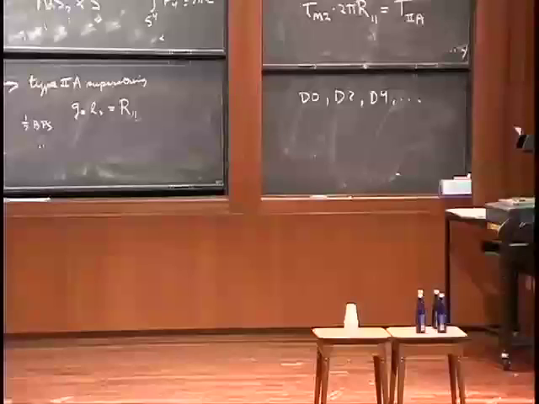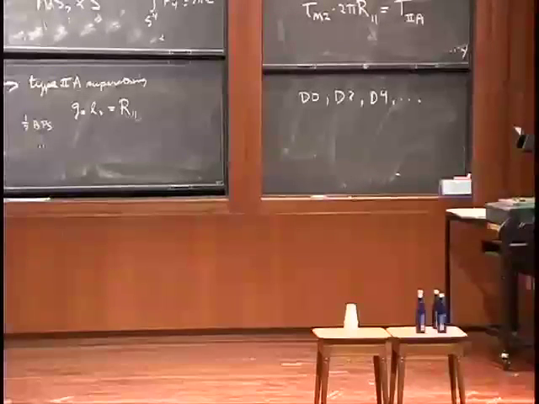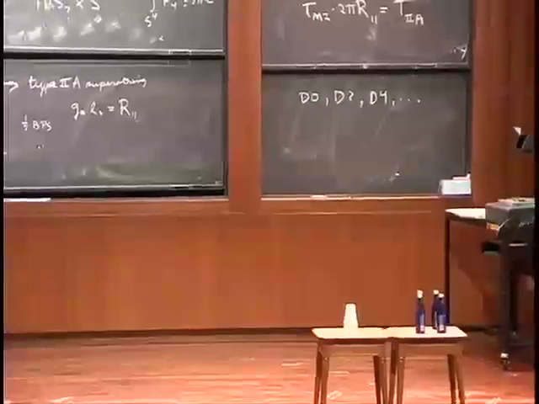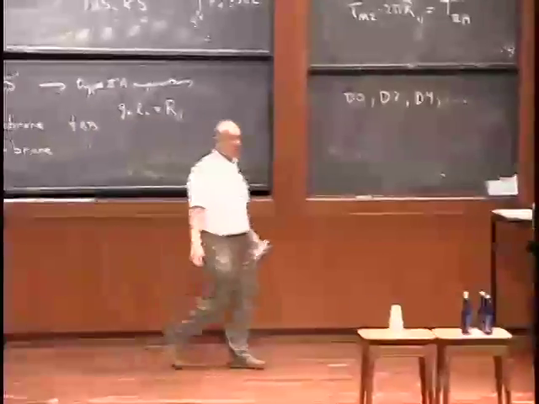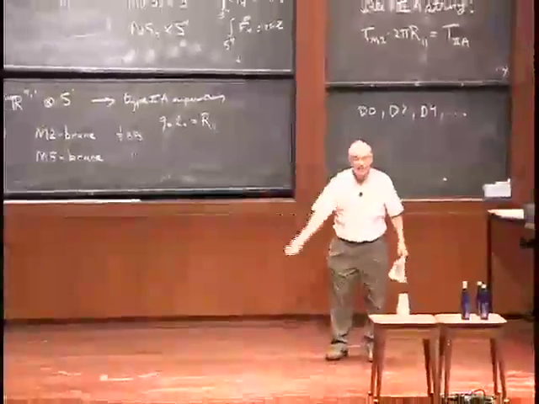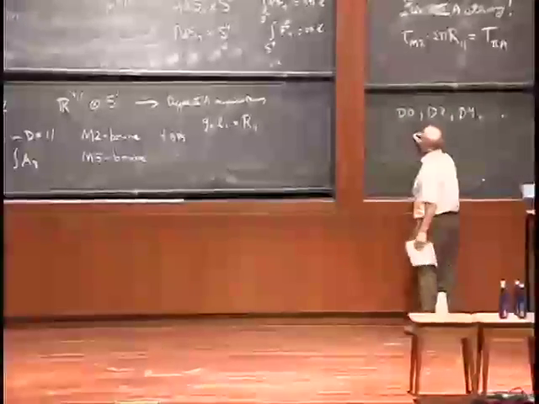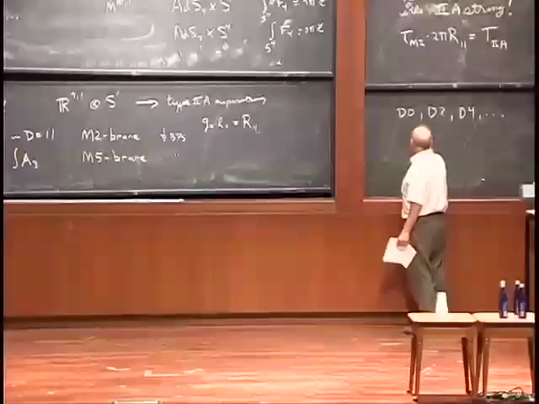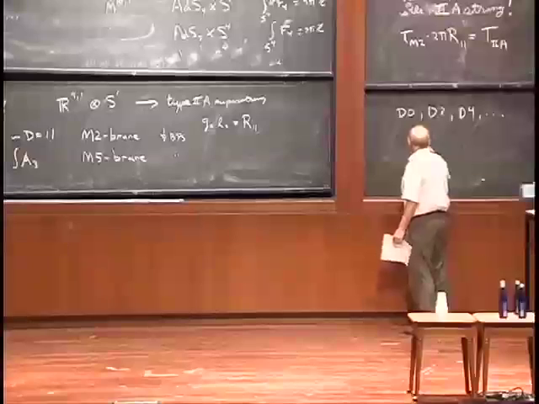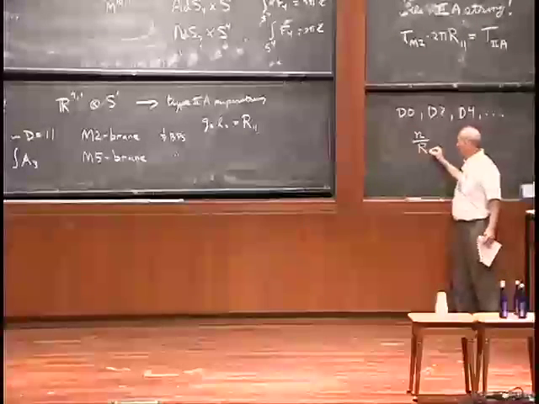Well, 11-dimensional supergravity just had massless fields, and it has a circle. What you can do with massless fields on a circle is look at the Kaluza-Klein spectrum on the circle. That gives you states whose mass is n over R, where n is an integer, R_11 I called it.